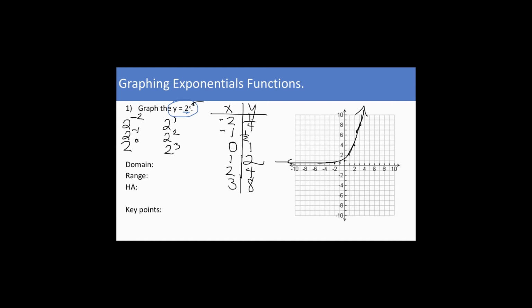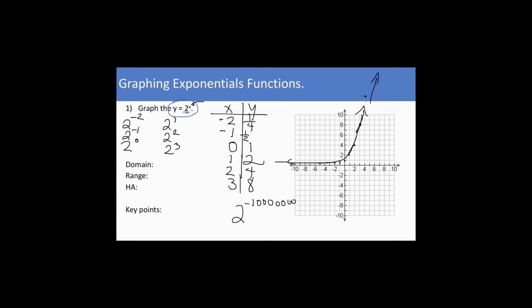So let's think about this. We know on this side, it's just going to continue up, right? What about this side? Will it ever hit 0? Will it ever be negative? Well, let's think. If I had 2 to the -1,000, well, it'd be 1 over a very large number, which would be a very small number. What if we had more zeros, more zeros? It's still 1 over something.